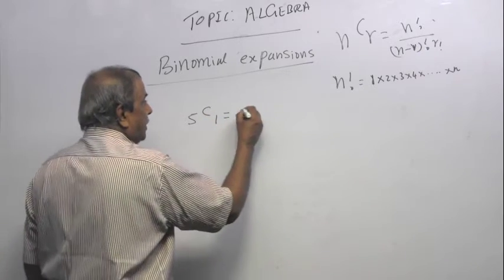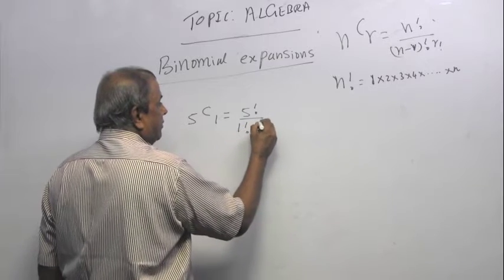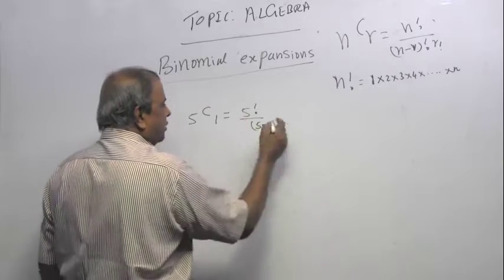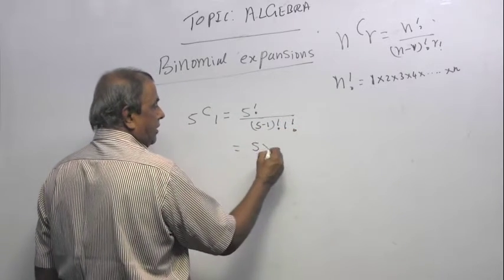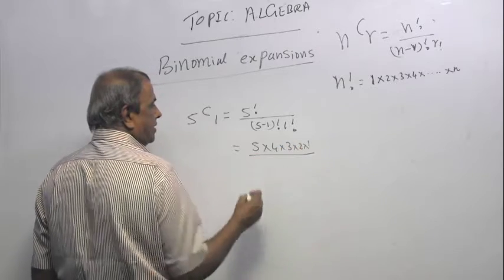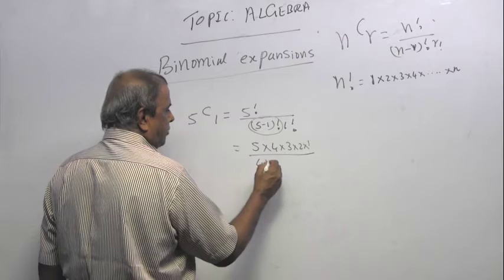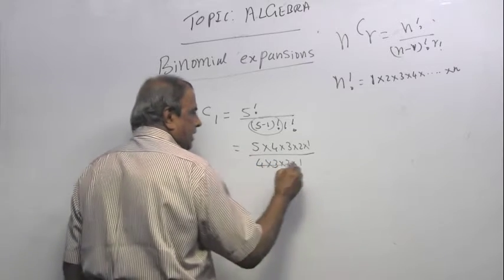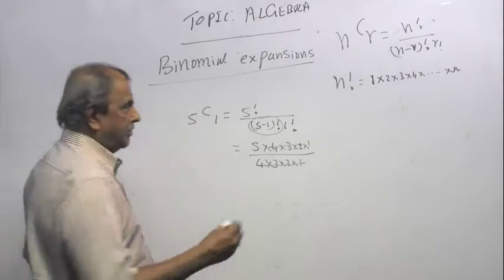It is 5 factorial over 1 factorial and then (5 minus 1) factorial, correct? What is 5 factorial? 5, 4, 3, 2, 1, divided by 5 minus 1, which is 4. What is 4 factorial? 4 times 3 times 2 times 1. They cancel. 5C1 is 5.